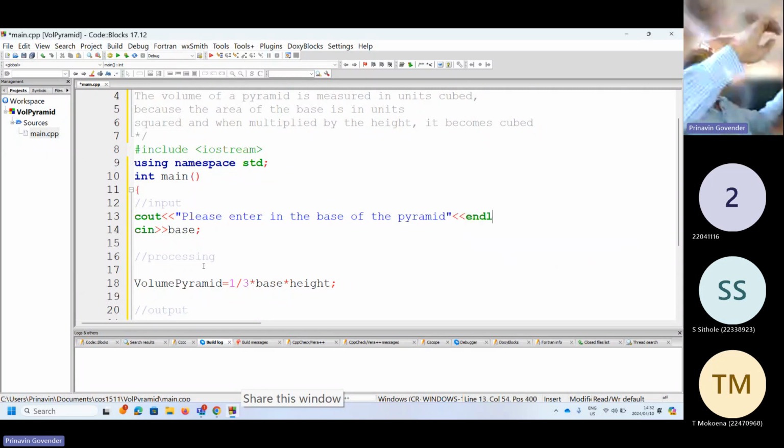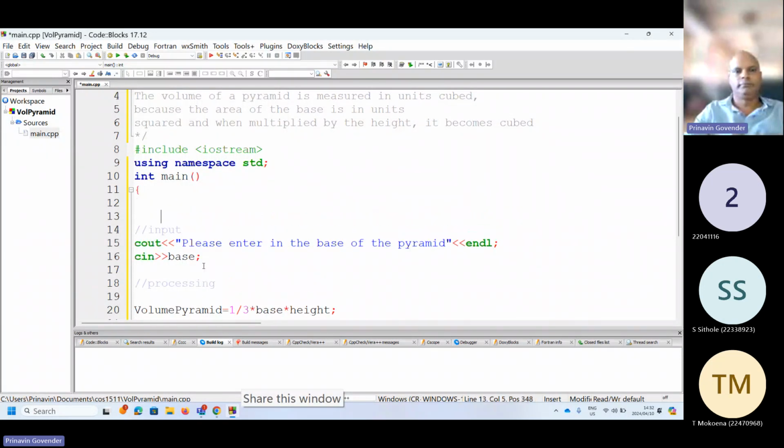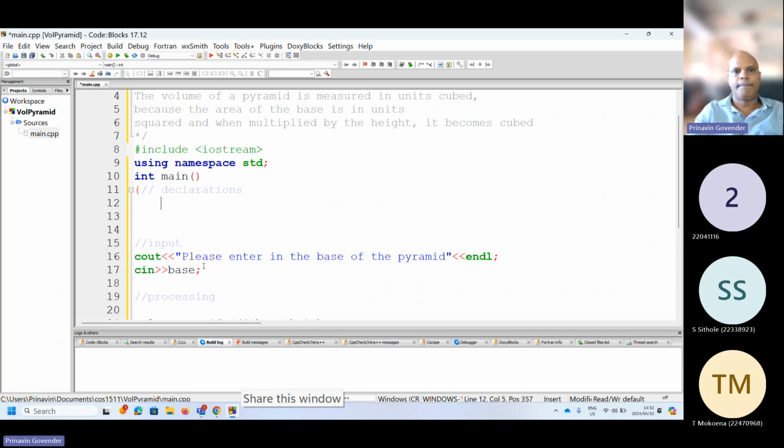But guess what? We use base, but did we declare it? No. So what do you got to do? We got to go and declare it. This is where we do all our declarations. Now, the base, can it be an integer, a float, or a double?